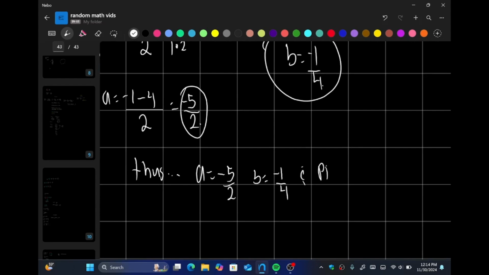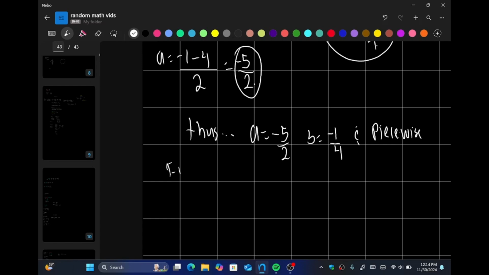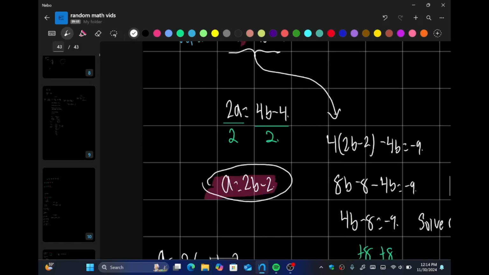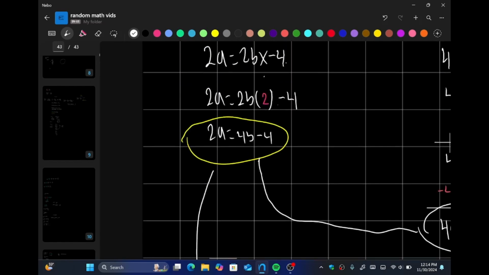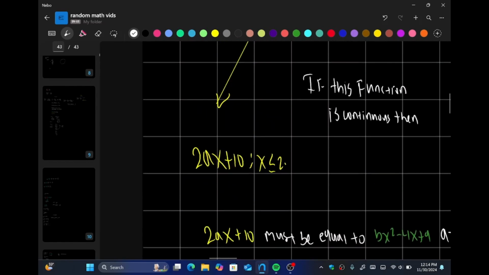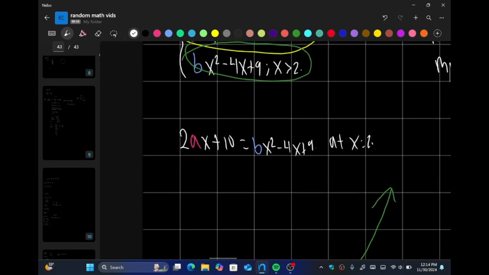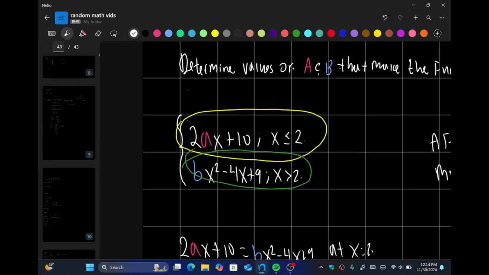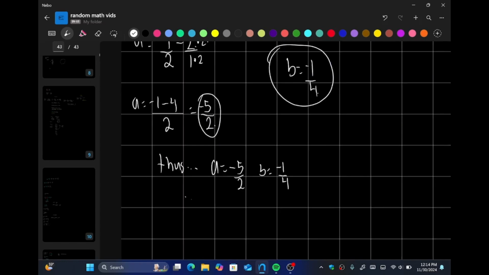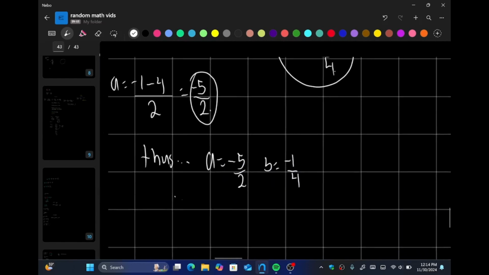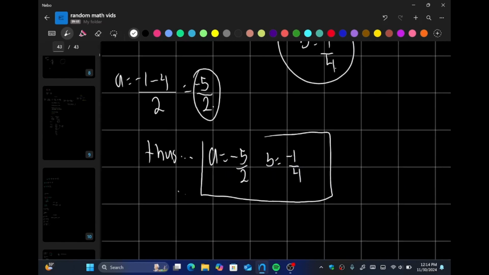We were going to describe the piecewise function, but since we just wanted to find a and b, that would be it. So a is negative 5/2, b is negative 1/4.